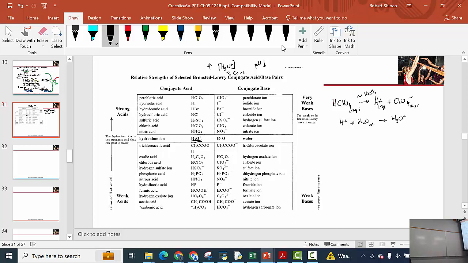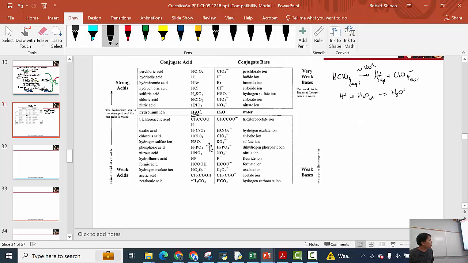And then the pH starts to rise because you get less hydronium. Something like trichloroacetic acid is going to have less hydronium, therefore it's going to have a higher pH. We're going to look at pH later on in the semester, but if we have 0.1 molar, that is 0.1 moles dissolved in a liter of solution, then these have a pH of 1. But trichloroacetic acid would have like a pH of 2, and then pH just increases. Eventually we hit water, which is going to have a pH of 7. And so the pH increases because we're going to get less and less hydronium as we go.